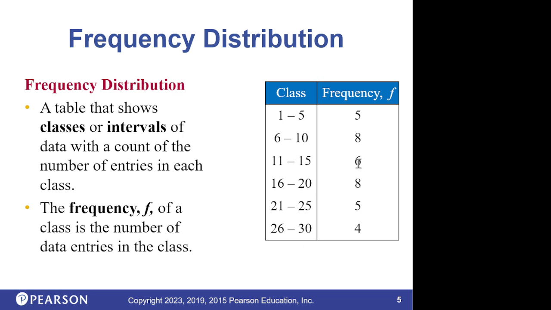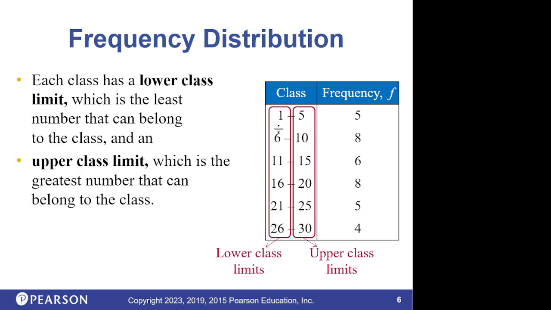What this is saying is that of the data we measured, there are 6 values between 11 and 15, and 5 values between 21 and 25. So it's a way of counting what the values of our data are, but in a little bit wider areas. And we'll visualize this rather quickly, and we'll see that we can get some information about it.